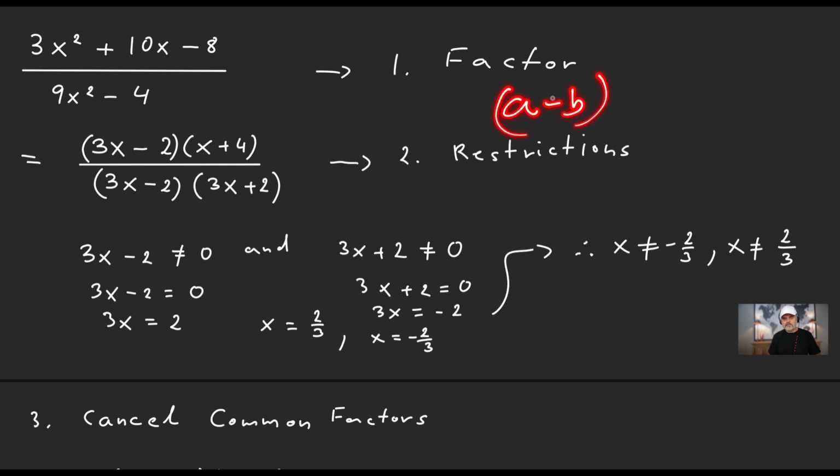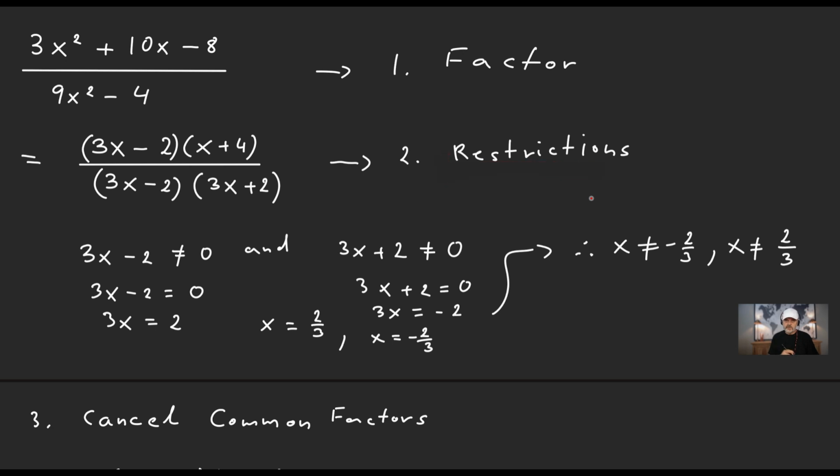So this is the product that you want to show using difference of squares. This is why 9x squared minus 4 can be factored into 3x minus 2 times 3x plus 2. So the first step has been completed. Fully factored, bingo.